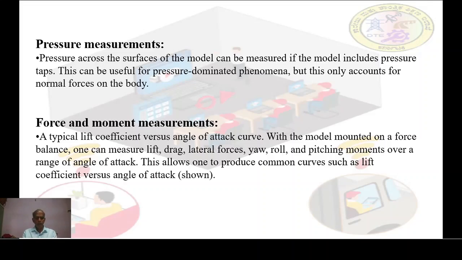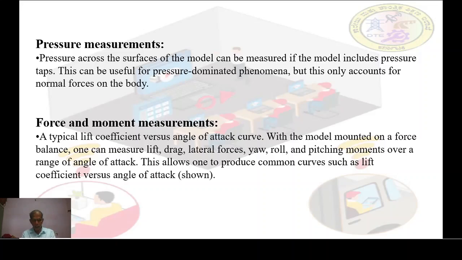Next, force and moment measurement. A lift coefficient versus angle of attack curve with the model mounted on a force balance.